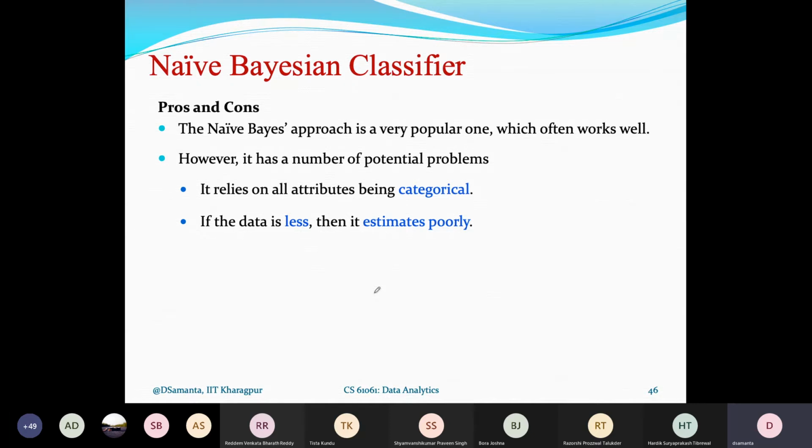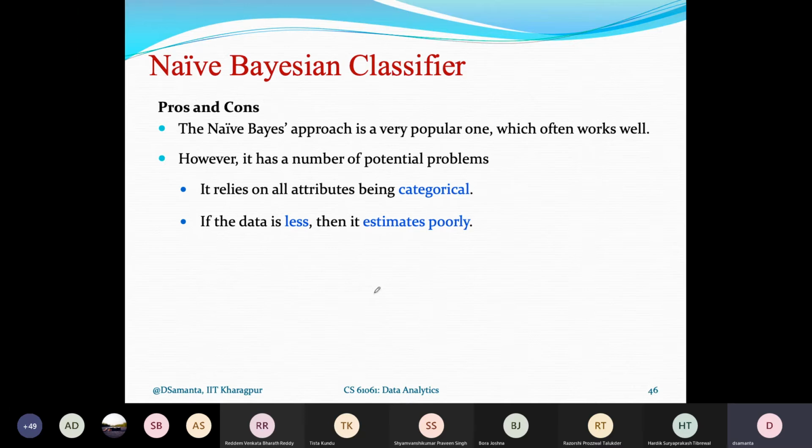As you can see in the example we have discussed, days, weekdays, season, fog, rain are all categorical values. Based on these, we could easily calculate the count of how many times a particular category value occurs in a table. That gives you your posterior probability or prior probability calculation. So if it is categorical, this kind of calculation becomes easy.